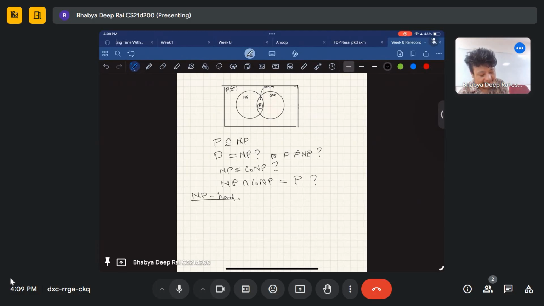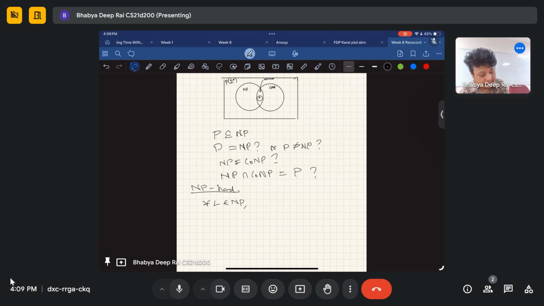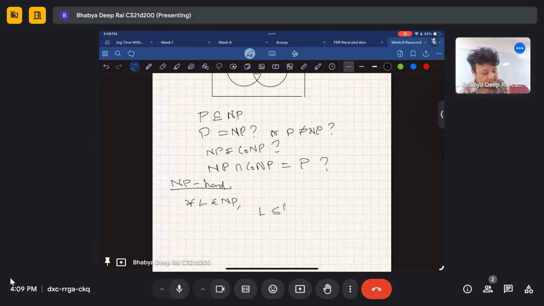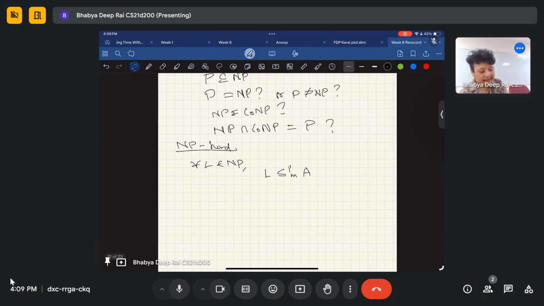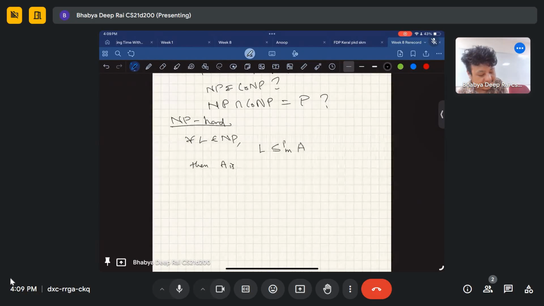A problem A is NP hard if every problem in NP reduces to it: for all L in NP, L reduces to A. Now NP complete means A belongs to NP and A is also NP hard.